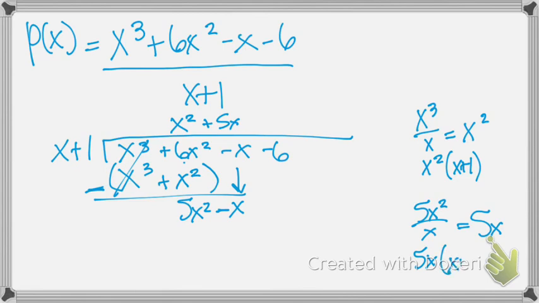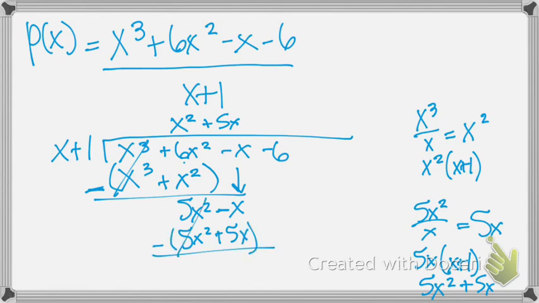Then I multiply 5x squared plus 5x. We subtract. These go away and we have a negative 1 minus 5 more, which leaves me with a negative 6x, and I bring down my negative 6.